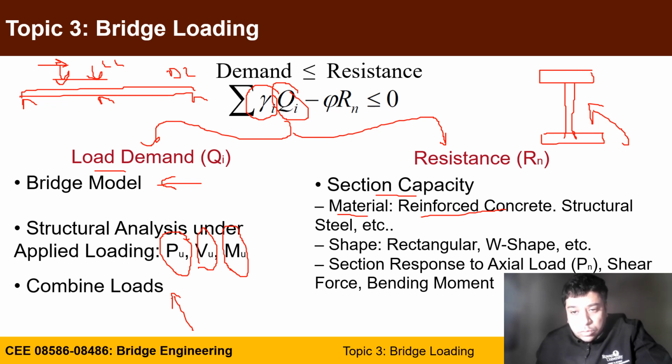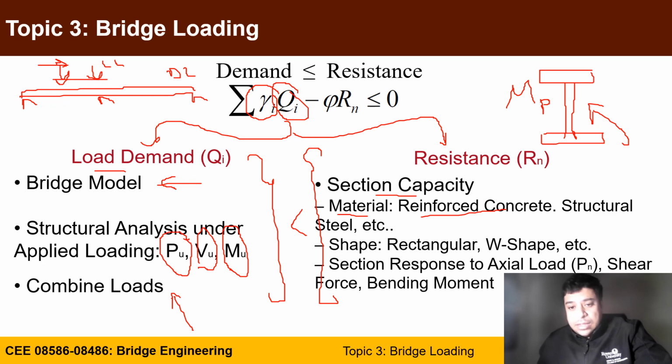And you also need to calculate the response of this cross section to the axial load, shear, and bending in terms of capacity, like what is the plastic moment capacity of the steel girder, or the moment strength of a pre-stressed girder, etc. And as we discussed, the right side resistance Rn has to be bigger than or equal to the demand on the left side, right?